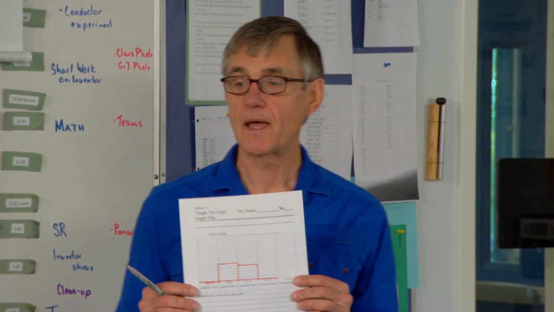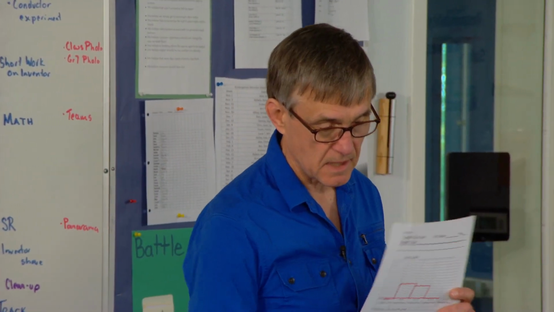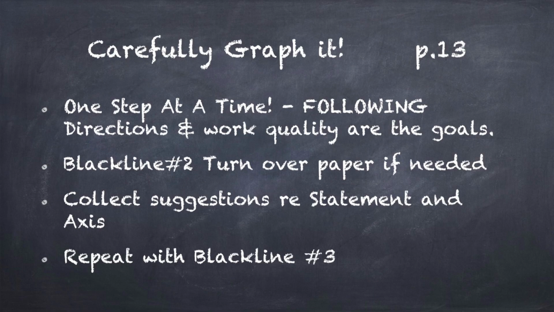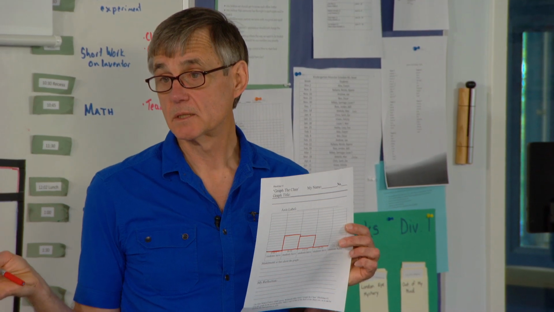Okay, so now we have the graph done, and I'm going to try to get the students to give me a statement. For example, one thing I could say is none of the students in our class think that between 0 and 5 people have a pet, right? Nobody does.